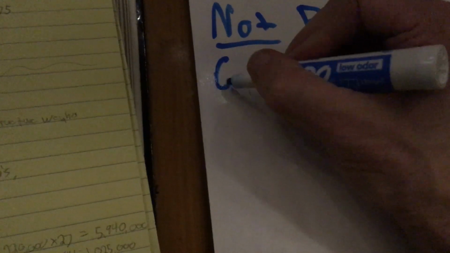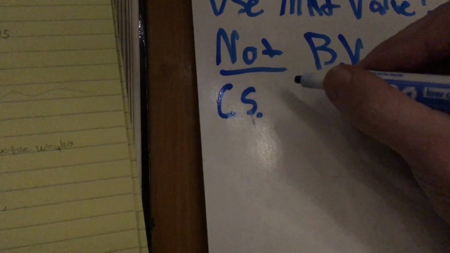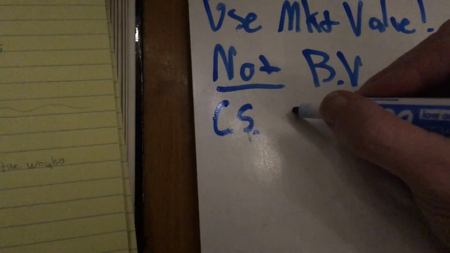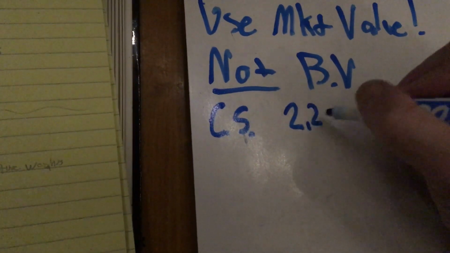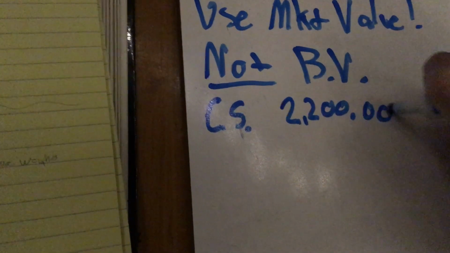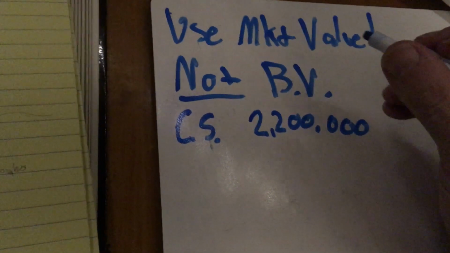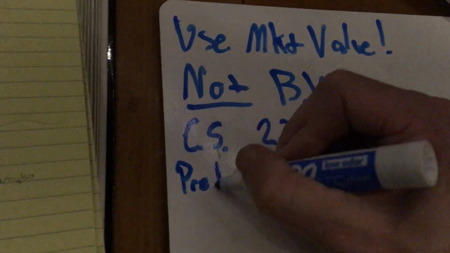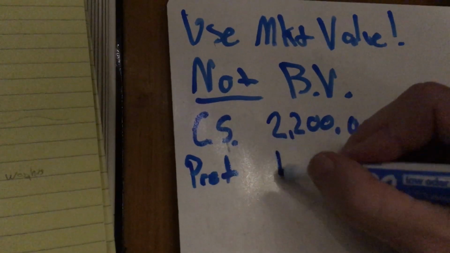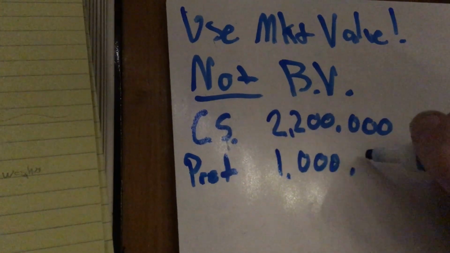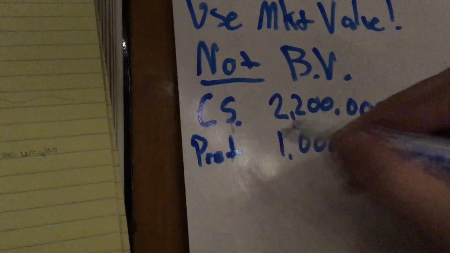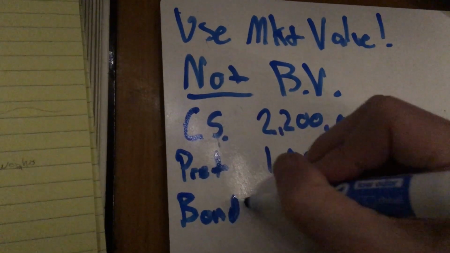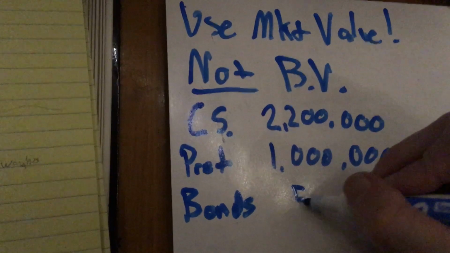So we have common stock of, let's see, 2.2 million, and we'll have preferred stock of 1 million, and bonds 550,000.